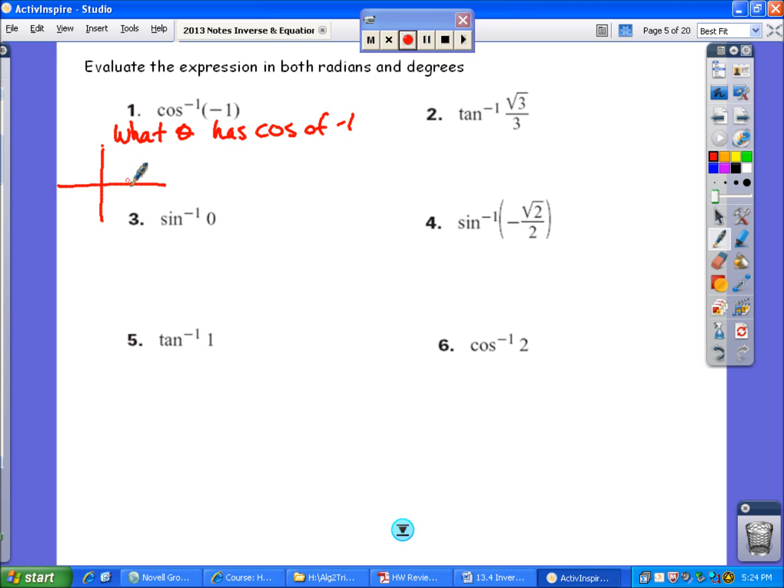Let's go backwards. We're restricted from 0 to pi. So where do we have an x value of -1? So -1, 0 corresponds to pi. So the inverse cosine of -1 is equal to pi.